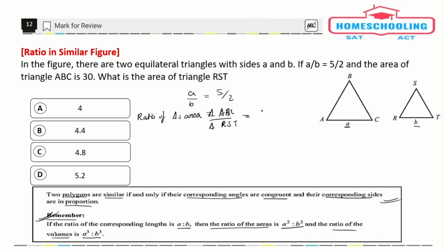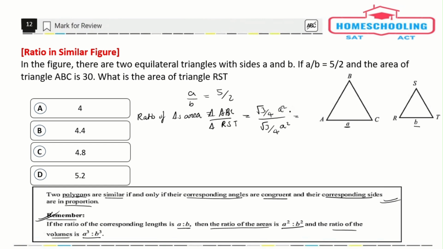As we know, the area of an equilateral triangle is root 3 by 4 a square. This is also an equilateral triangle, so it will be root 3 by 4 a square. So as we know, the side of triangle ABC is 5.